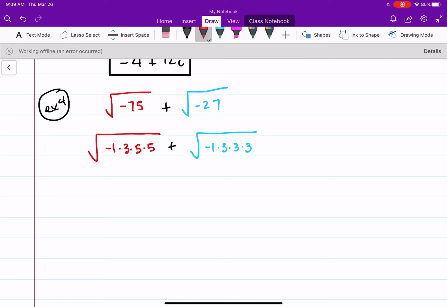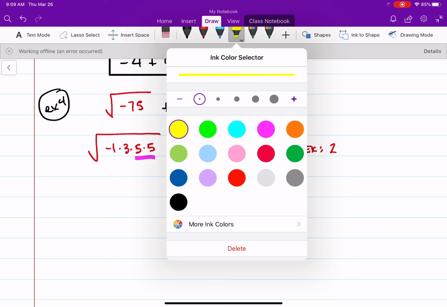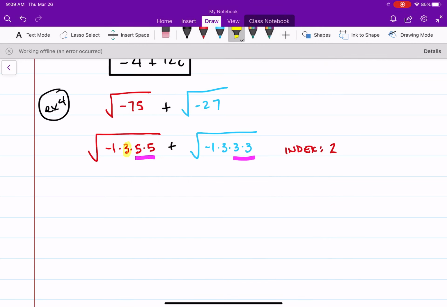Okay, so I know that the index is a 2, so we're looking for pairs. So here's a pair, and here is a pair. Okay, and then this lonely 3 and this lonely 3 has to stay inside the house to play inside the house.